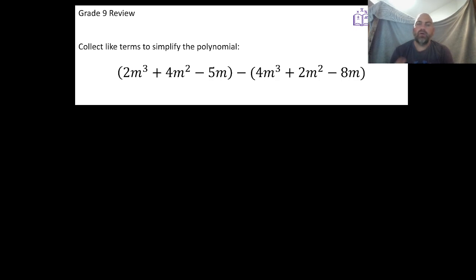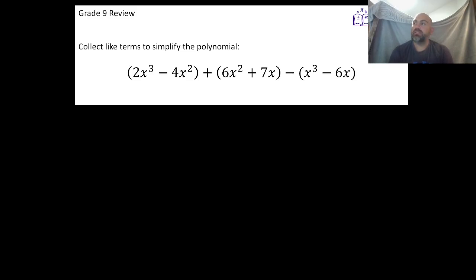When we have 4m squared minus 2m squared, we have 4 minus 2 is 2. And then we have negative 5m minus negative 8m, which means we're getting rid of negatives, we're going up, and so we're going to end up with positive 3m. So you should have something like this as your answer.